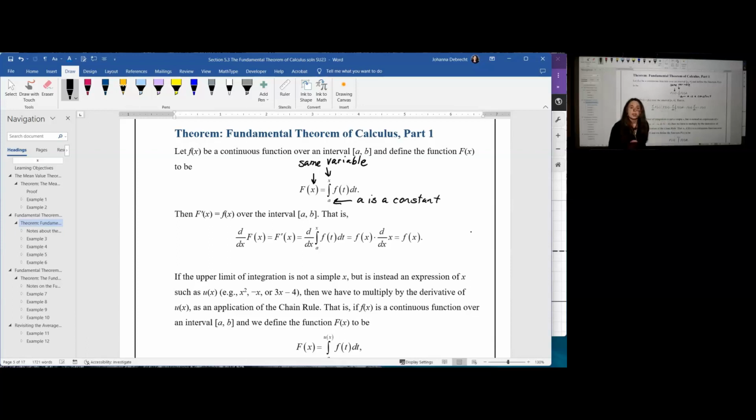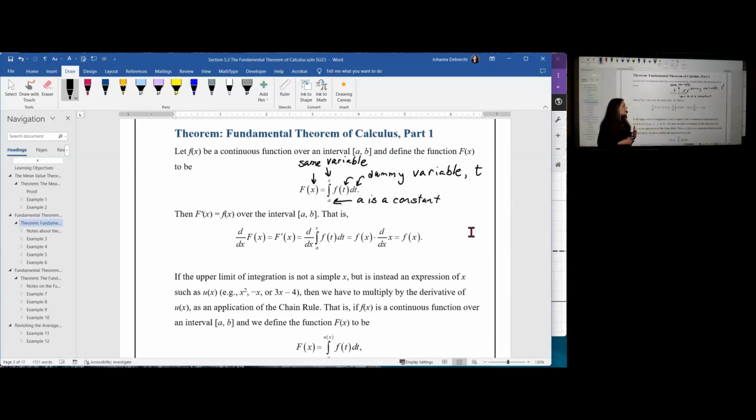In fact, that is the independent variable. The t that appears inside of what looks like a definite integral is in fact a dummy variable. So the t that appears in the integrand and the t that appears in the differential is a dummy variable. It will show up in the middle, but it won't be present in the final product.